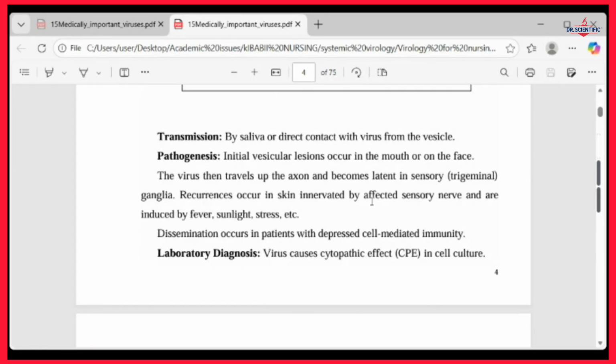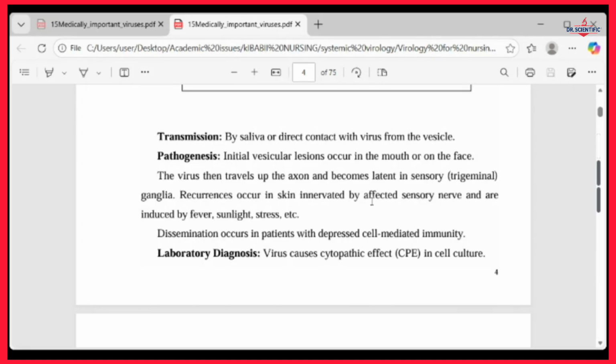So these are some of the things that trigger the release of that dormant virus. It can spread in patients with depressed cell-mediated immunity, so people with an immunocompromised system are easily affected by this virus.